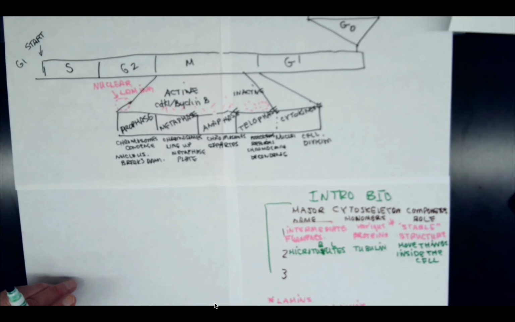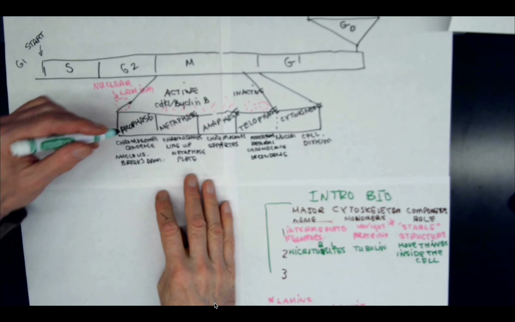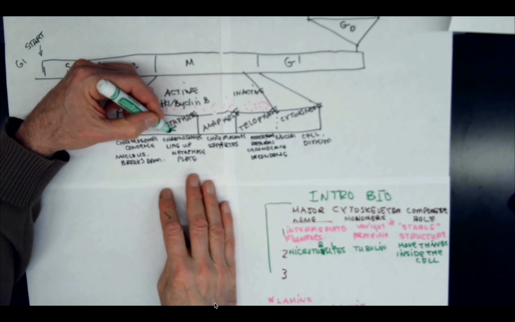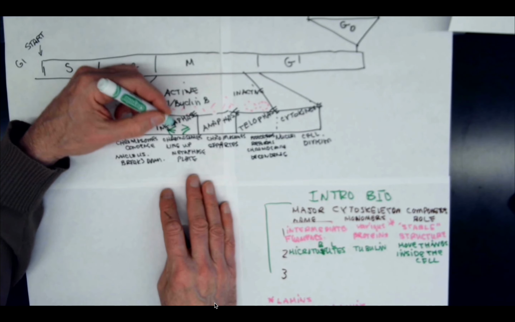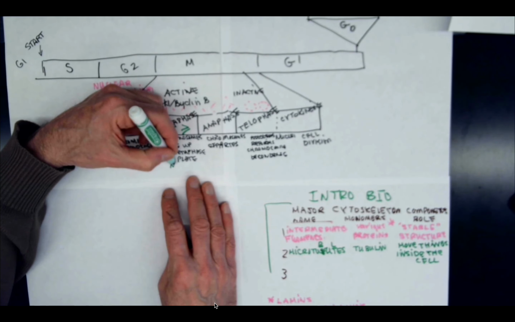And do we have a story about microtubules in the cell cycle? Yeah, oh yeah, you bet. Microtubules make this structure, which is called the mitotic spindle. And it forms during metaphase, and it is the component of the cytoskeleton that pulls the chromosomes apart during anaphase.